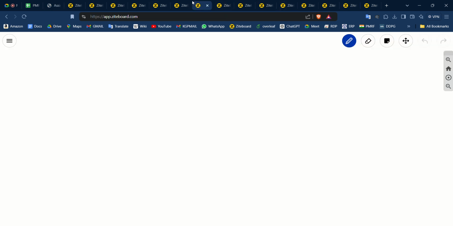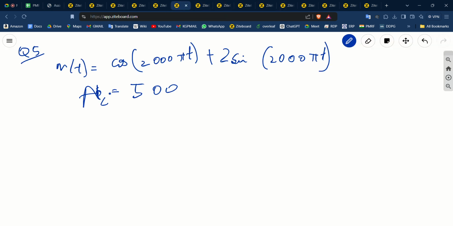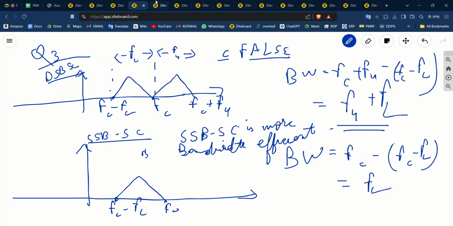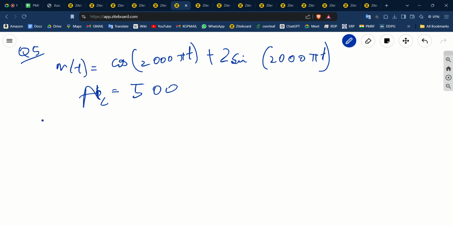Now we have to find the expression of the lower sideband, using SSB-SC.